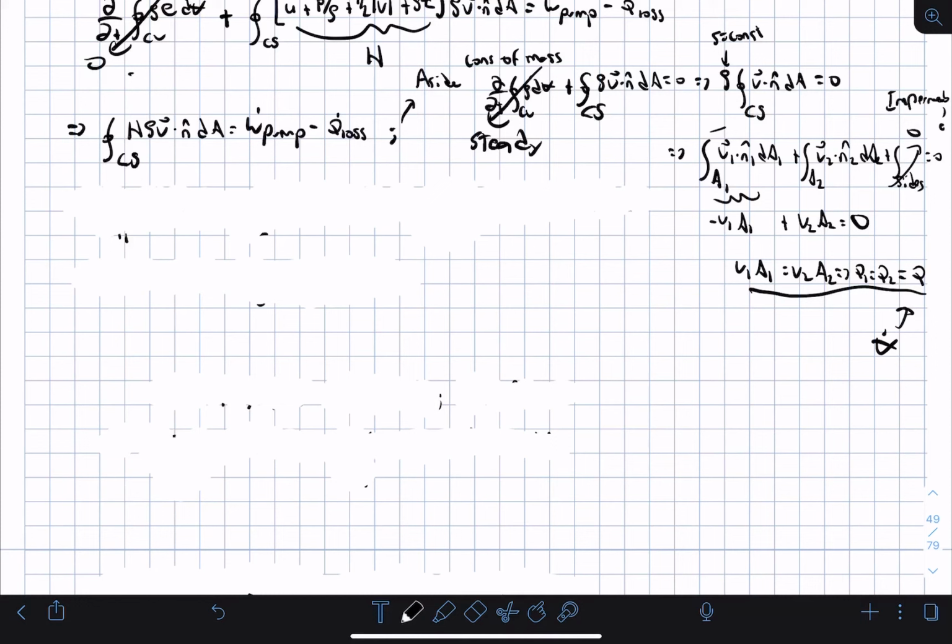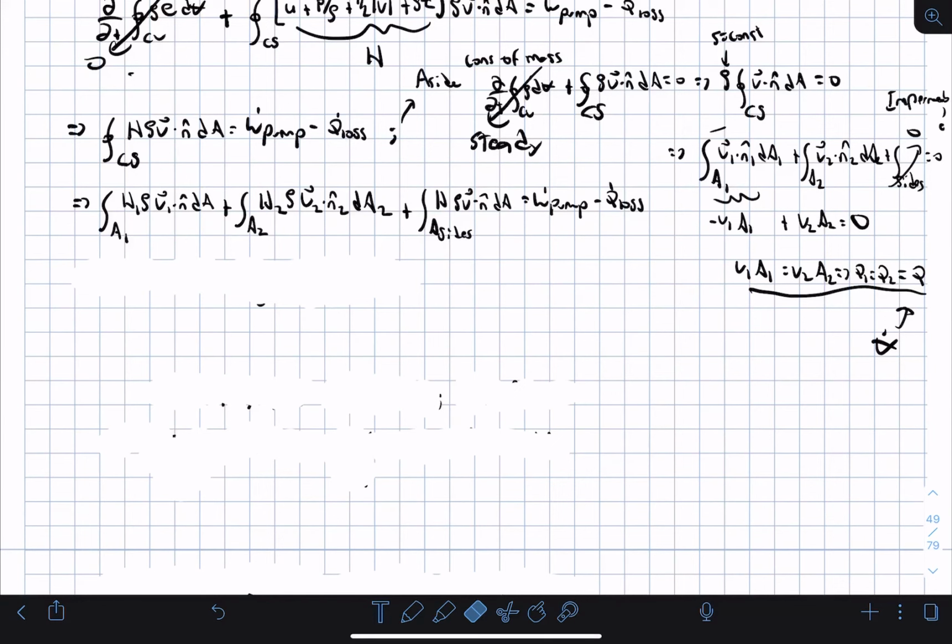So now we've found that. This is just a little aside, and now I will work with the energy equation. We'll do the same thing for the energy equation. This problem is particularly simple, so you can just break up the integral right away.